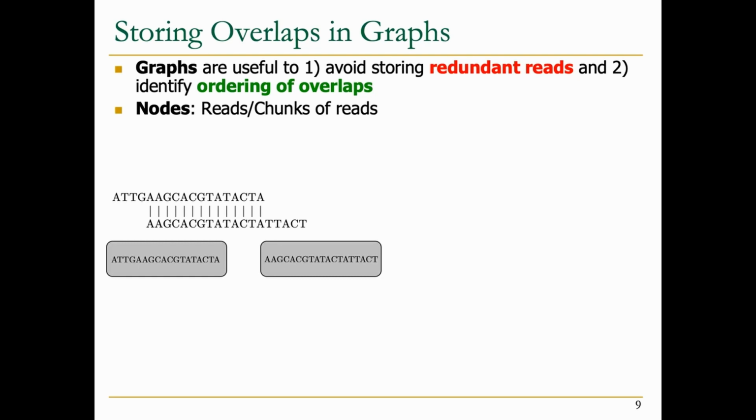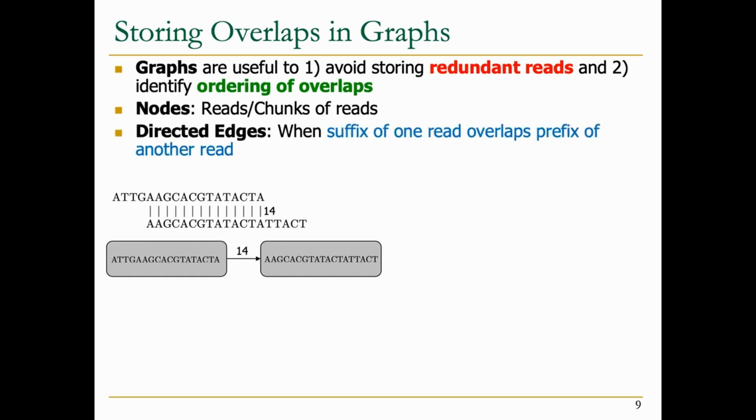We also know that these reads may be overlapping, right? For that, we use edges to store the fact that if two reads are overlapping, we create an edge between them to store the information that there is an overlap between these two reads.